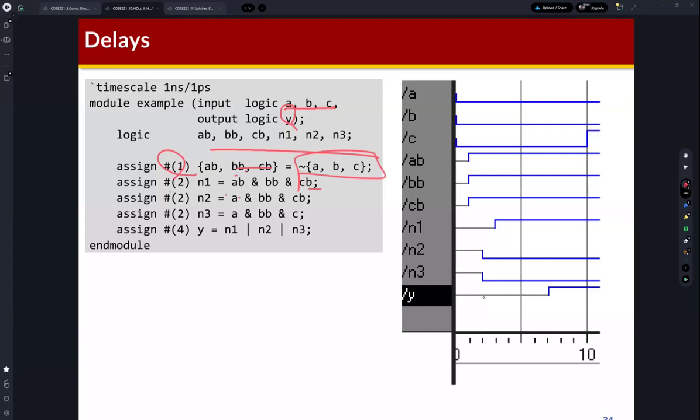Based on this definition, we can estimate the waveform. So this is the waveform of this signal.